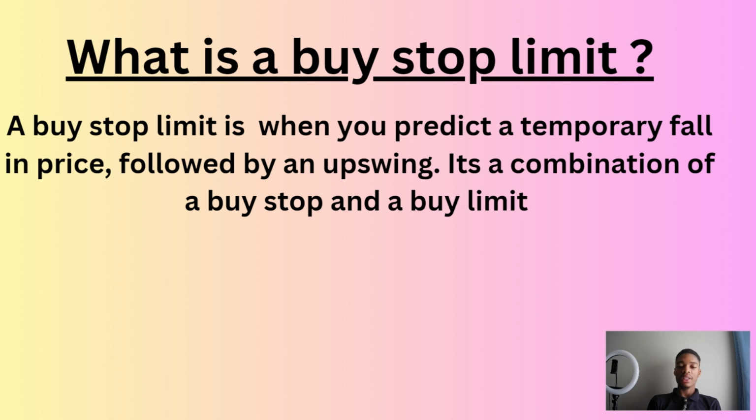So what I would do is set a buy stop at a specific price. Once it breaks that specific price going up, instead of a buy stop where it turns automatically into a market order and you are in a buy position, it triggers a buy limit below that specified price. So once it pulls back to that price, then I'm automatically in for a buy limit. Alright, this one is a bit more complicated.